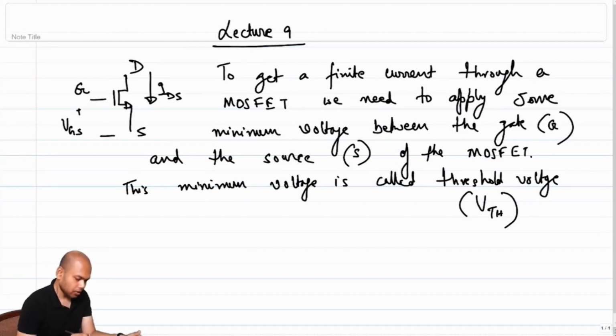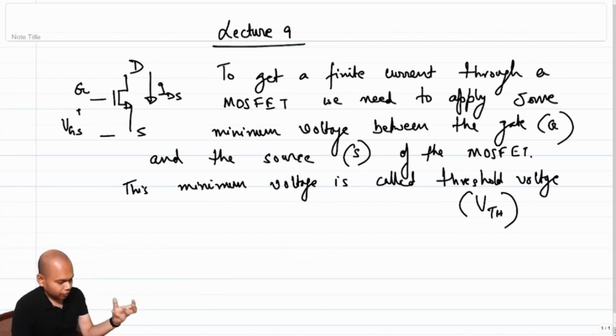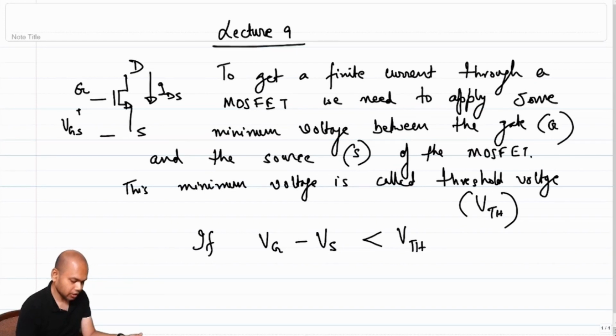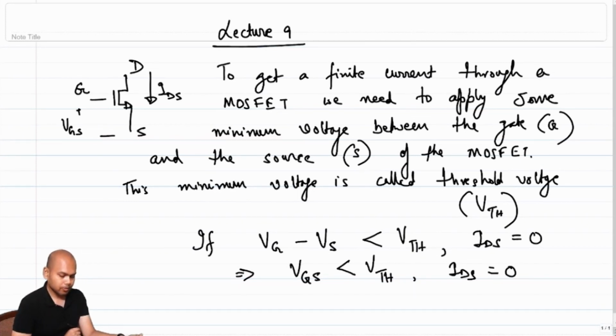Okay, so by definition, if VG minus VS, the voltage between the gate and the source, is less than VTH, then the current IDS is equal to 0, right? Often this VG minus VS is denoted as VGS. If VGS is less than the threshold voltage, the current IDS is equal to 0, right?